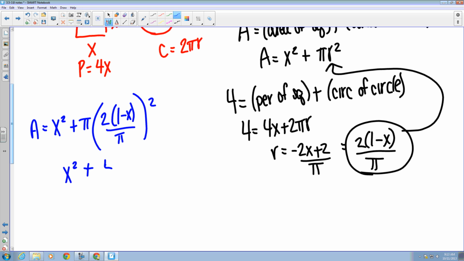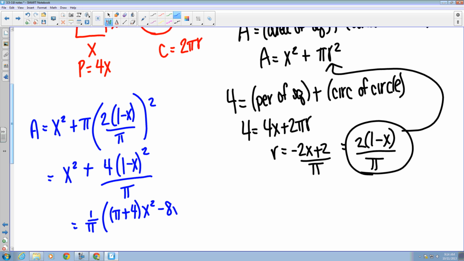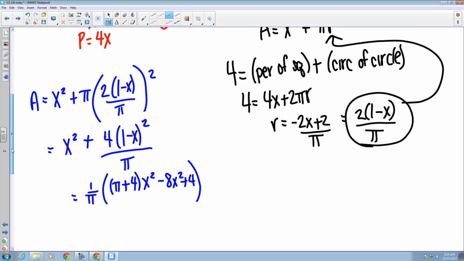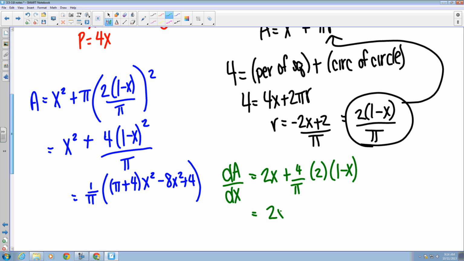When we square it, we get 4 times 1 minus x squared over pi, which is 1 over pi times pi plus 4 times x squared minus 8x plus 4. That's what we're going to take the derivative of. So dA dx is 2x plus 4 over pi times 2 times 1 minus x, which is 2x plus 8 times 1 minus x over pi.